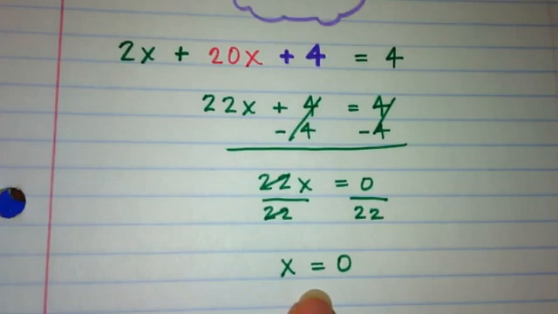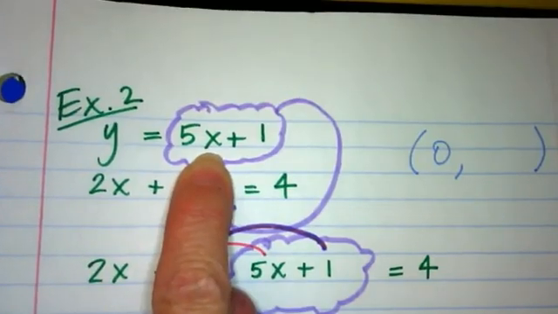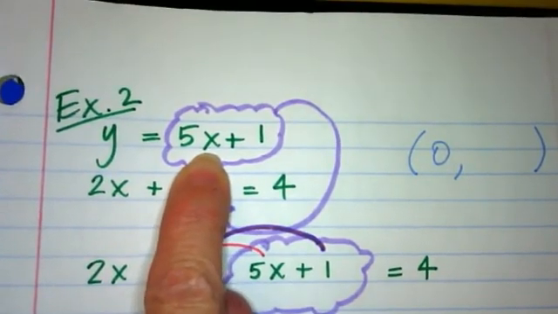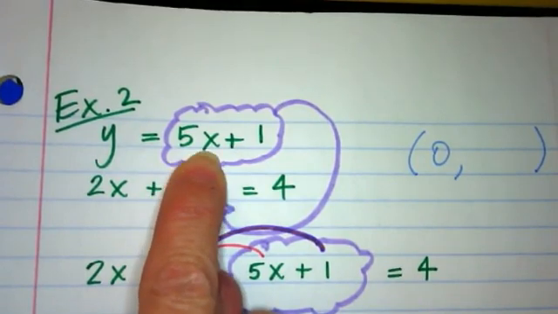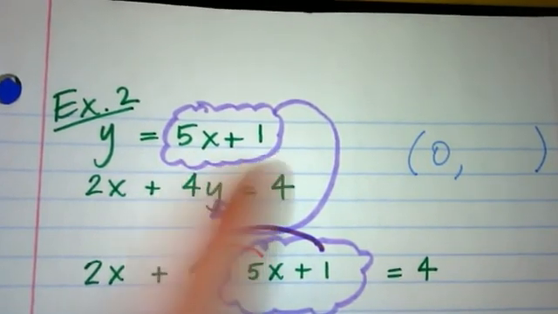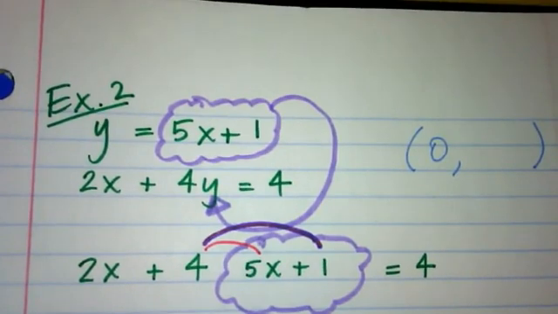If I fill in a 0 for this x right here, I'm going to have 5 times 0, which is 0, plus 1. So 0, 1. So now I know that these two lines meet at the point 0, 1.